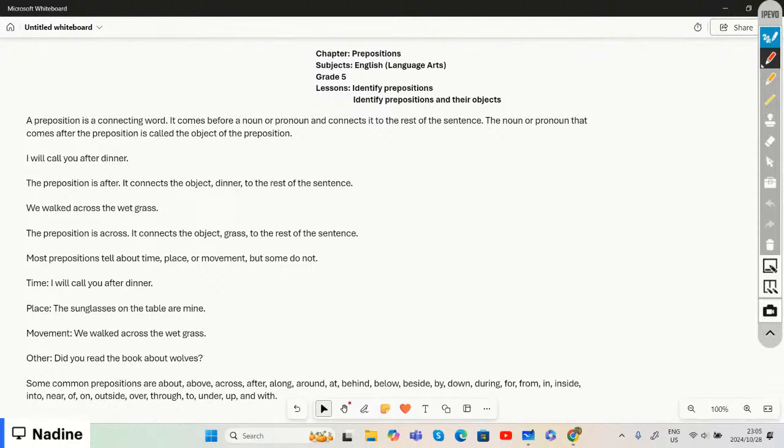A preposition comes before a noun or before a pronoun, and then it connects it to the rest of the sentence.